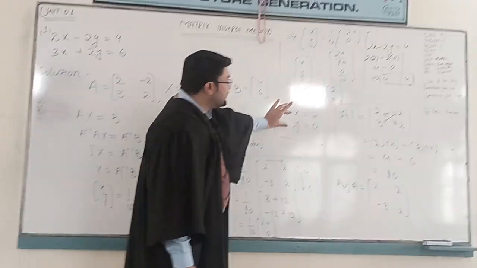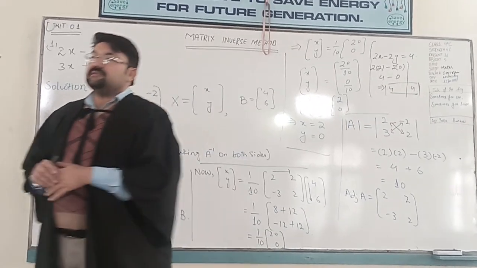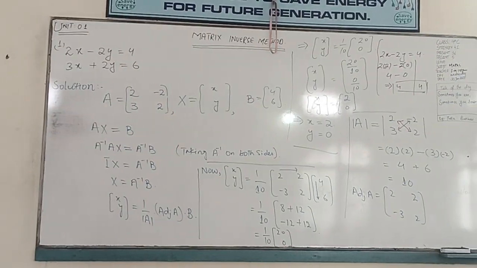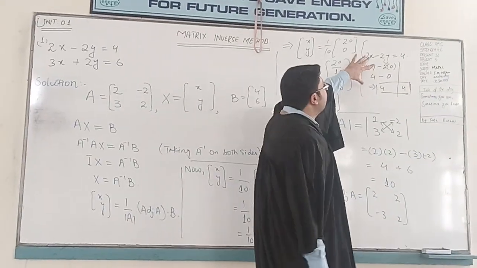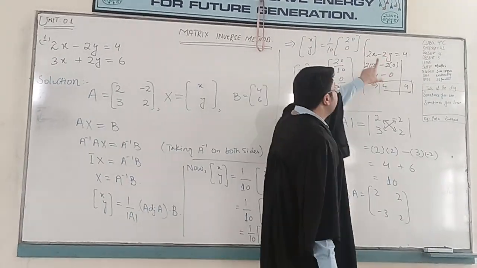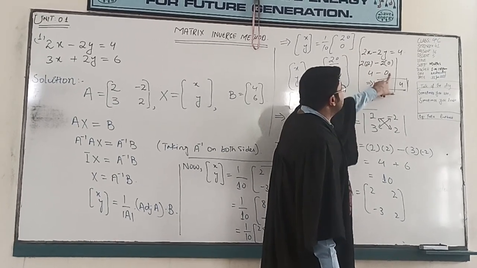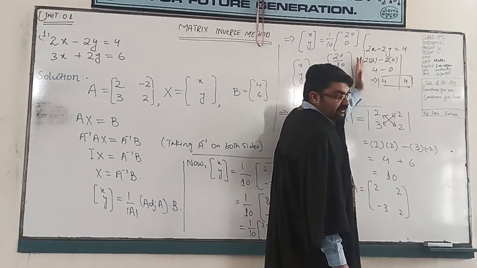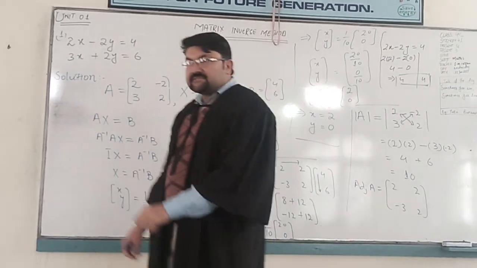If you have a doubt whether your answer is correct, you can check it with 2x minus 2y equals 4. Putting x as 2 and y as 0: 2 2s are 4, minus 2 zeros is 0. The left-hand side has 4 and the right-hand side has 4, so your answer is correct.